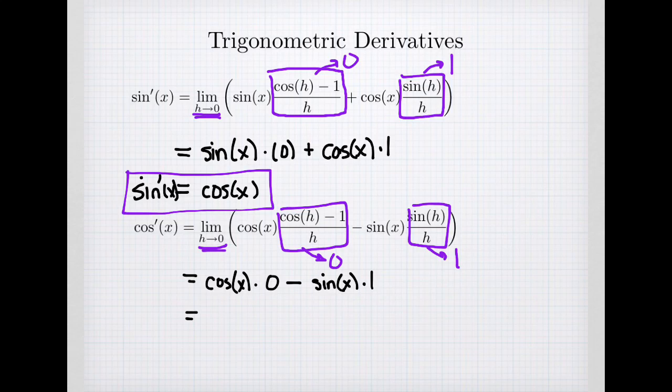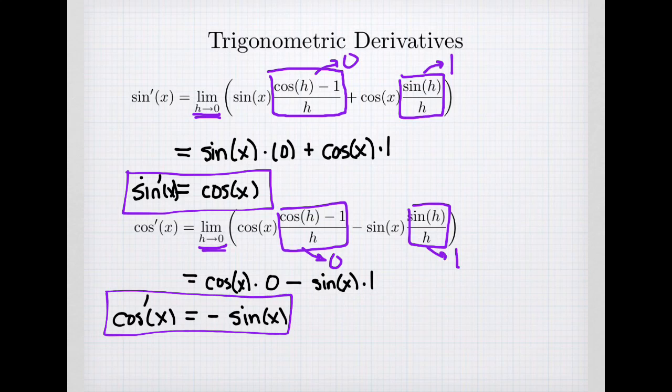Or in other words, minus sine of x. This is the derivative of the cosine. So when you take a derivative of a cosine, you get negative sine of x. And when you take the derivative of the sine of x, you get the cosine of x. And now that we know these derivatives, we can start using calculus. We can use calculus rules to find derivatives of functions involving sine and cosine.